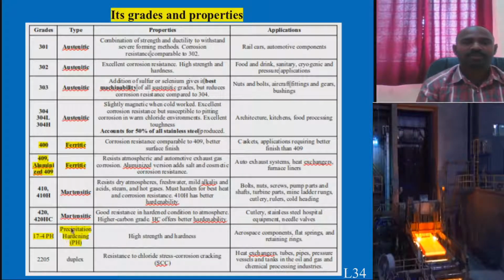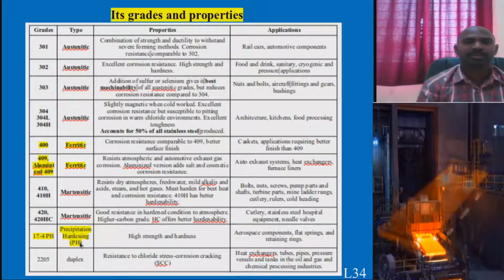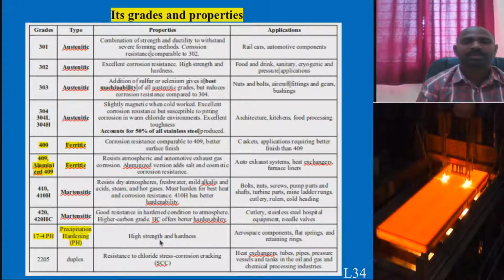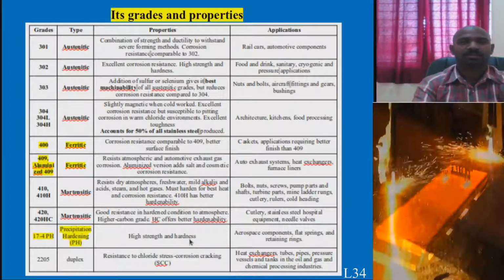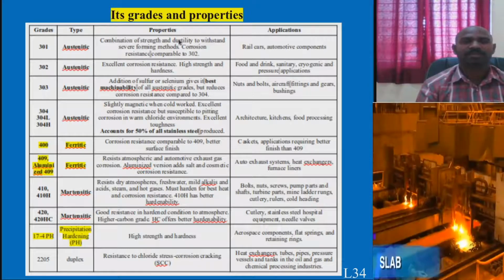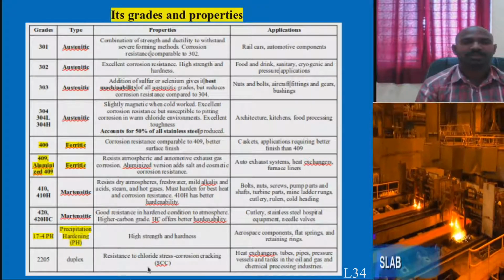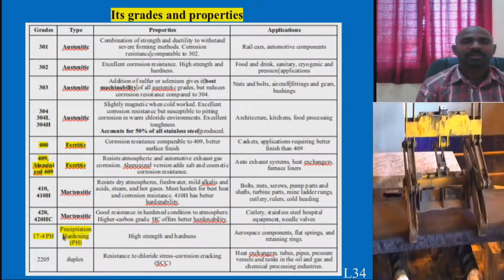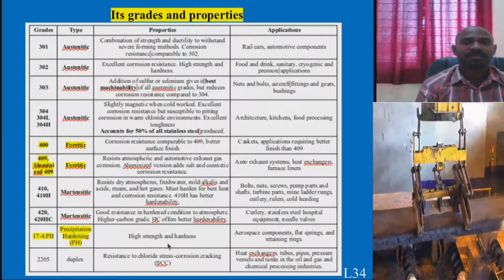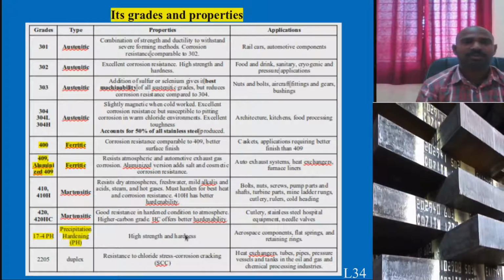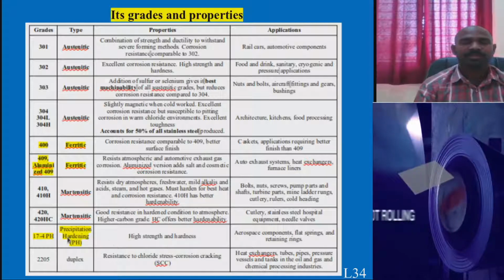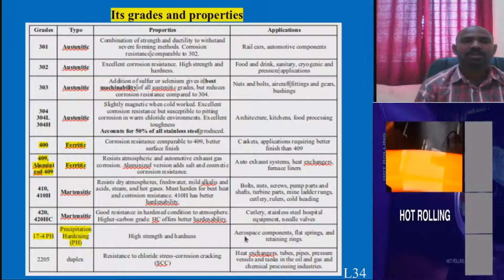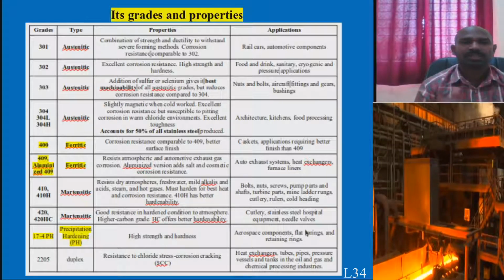Coming to precipitation hardening stainless steels, they have high strength and high hardness. Just like austenitic steel has high strength and ductility, these have high strength and high hardness, because precipitation hardening imparts high hardness. That is why these kinds of stainless steels are found in applications such as aerospace components.